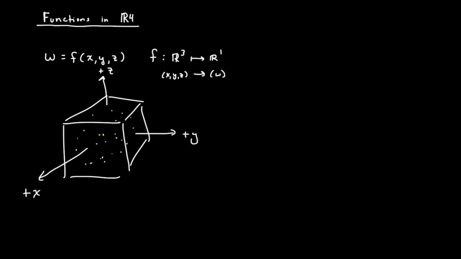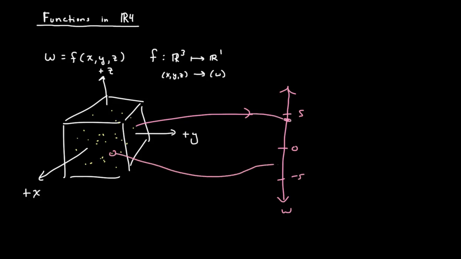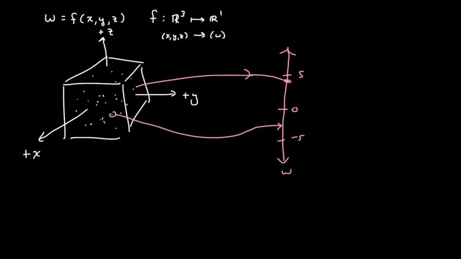And for each point that I input, it outputs a value onto, let's say, the W scale. Here's 0 through whatever. And so perhaps this point's here, and if I input this point here, perhaps it outputs here. Now we can't visualize a graph of W because it goes into fourth dimensional space.